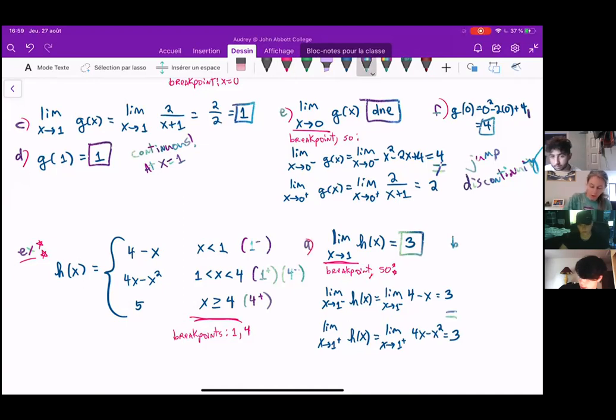What about, though, if we look at h of 1? And so this is what Luca was saying a second ago. Is there any line that goes with the 1? No. I have x less than 1, and I have 1 less than x less than 4, so I have x greater than 1. I don't have x equals 1 anywhere.